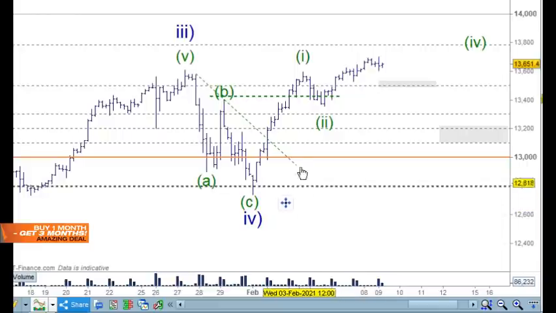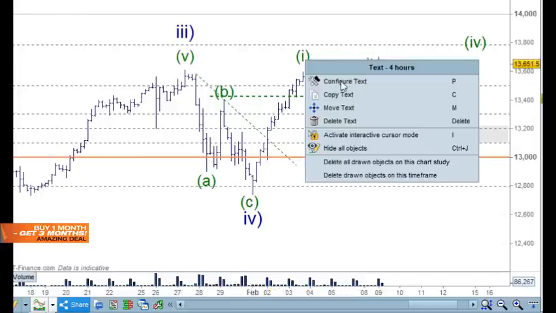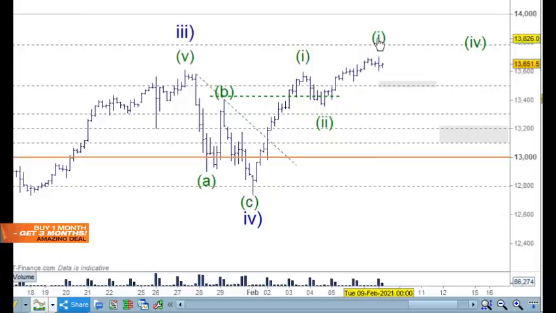Now, the thing here is that this market counts quite nicely to 5 waves to this point here, and then back for wave 2 here. The SP 500, however, counts nicely to having 5 waves on this high here.